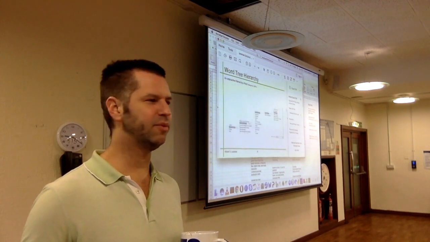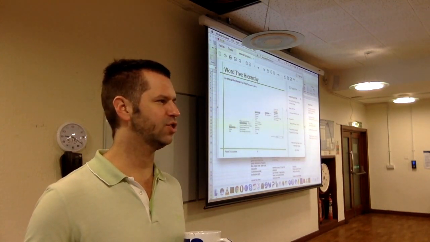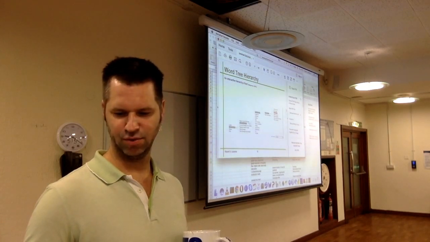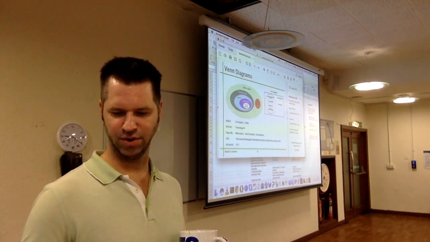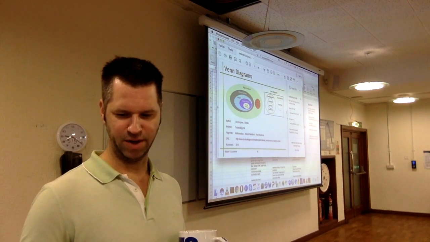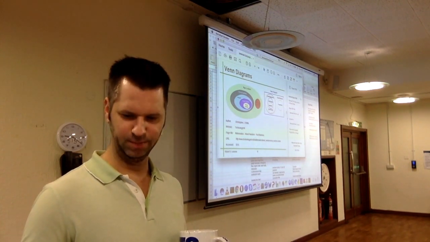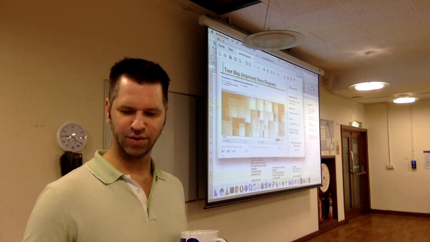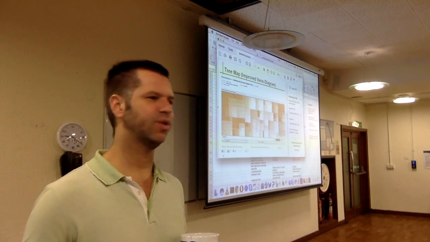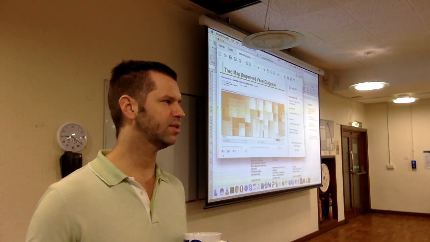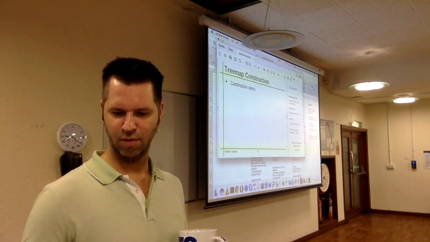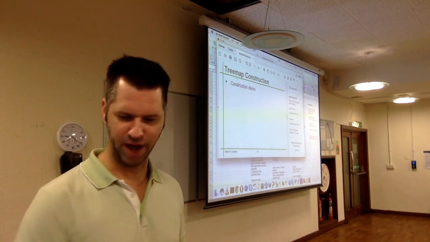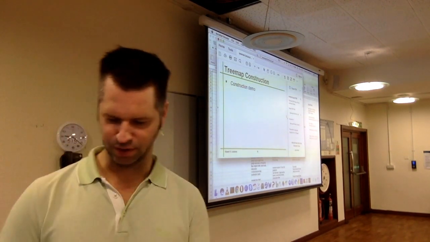We talked about the limitations of the conventional tree hierarchical visualizations, Venn diagrams briefly, and then tree maps, which are sort of an extension or an improvement over Venn diagrams. We talked about the first so-called algorithm, which was the tree map construction.